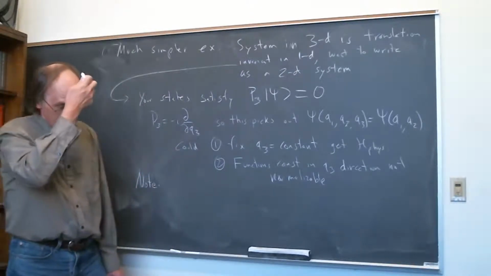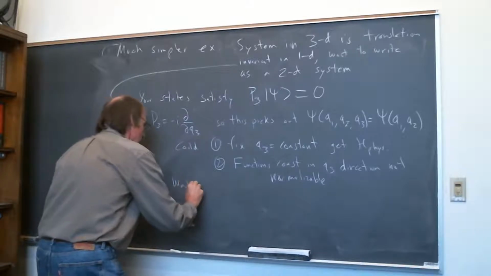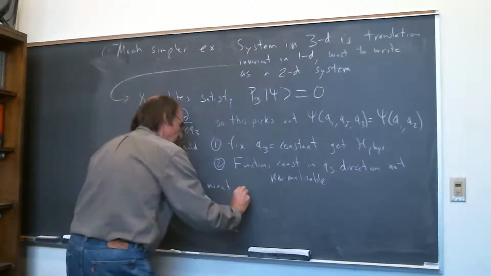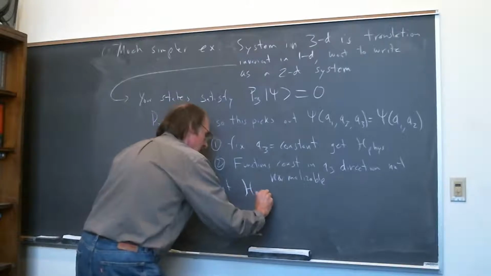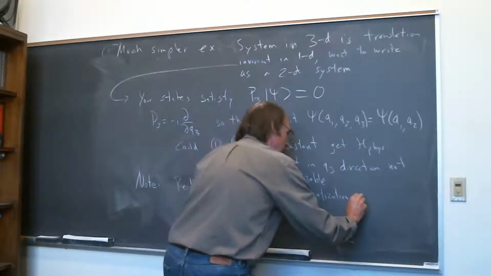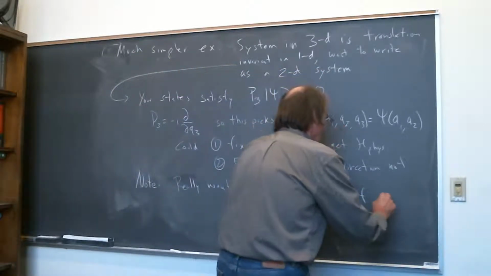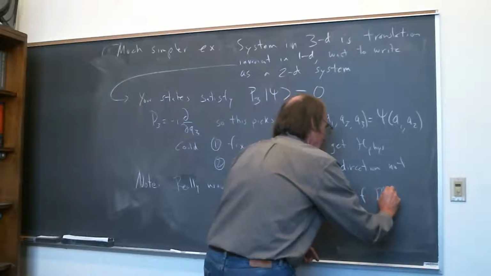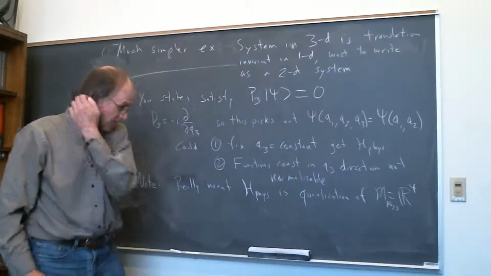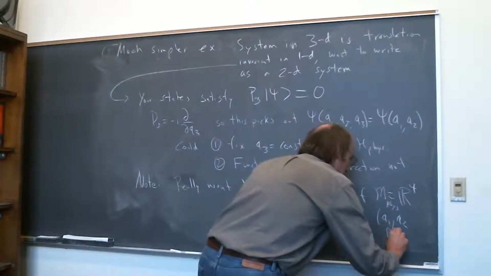What you really want to do is have H phys be the quantization of just 2 degrees of freedom, with the phase space M phys equal to R4, with coordinates Q1, Q2, P1, P2.